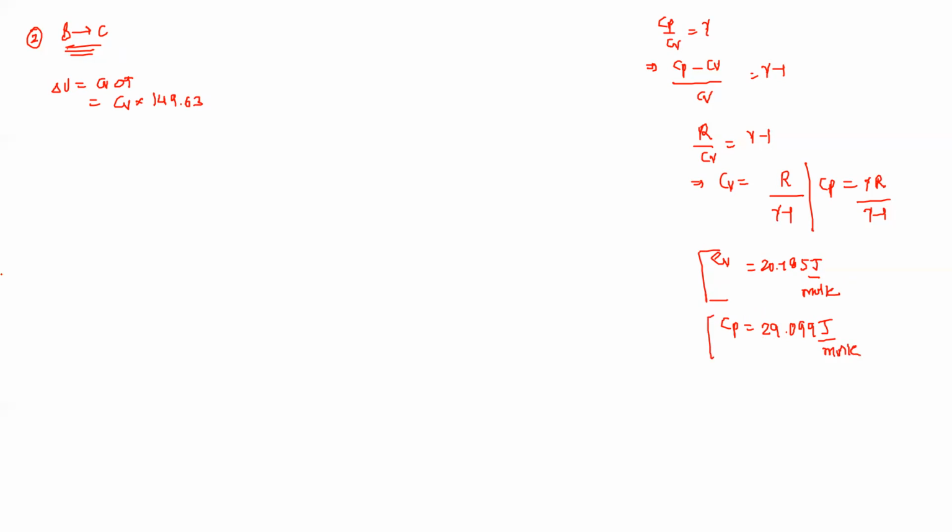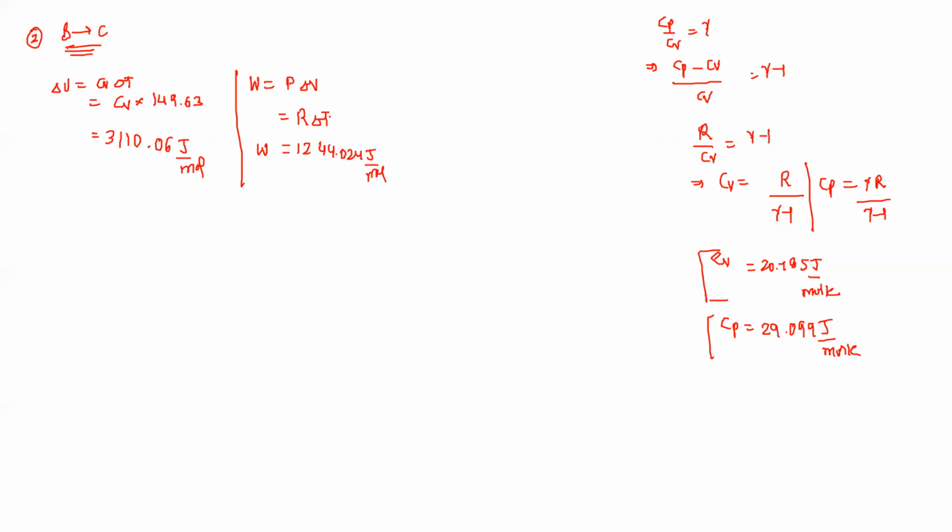Okay, so we'll put this value over here and we'll get the internal energy change, which is equal to 3110.06 joule per mole. This is delta U. Then for an isobaric process, we have W is equal to P delta V, which can be written as R delta T. So this can be calculated as 1244.024 joule per mole.